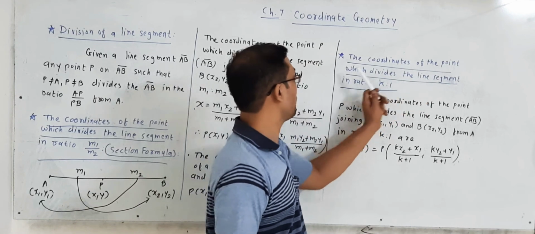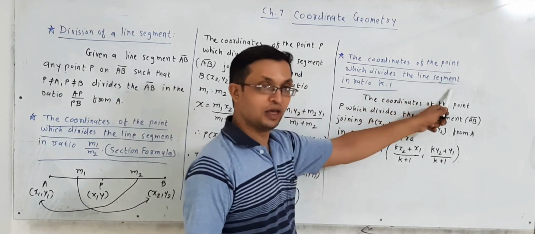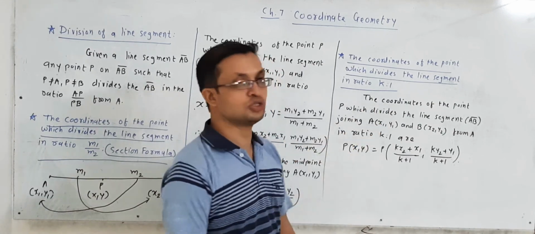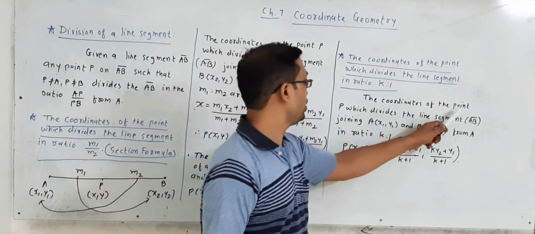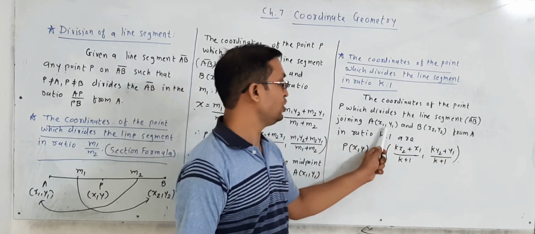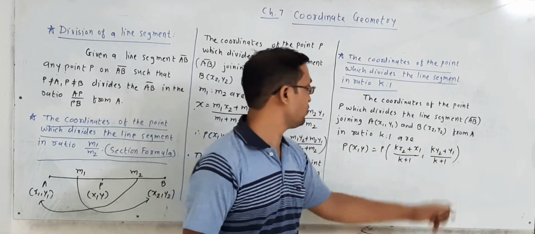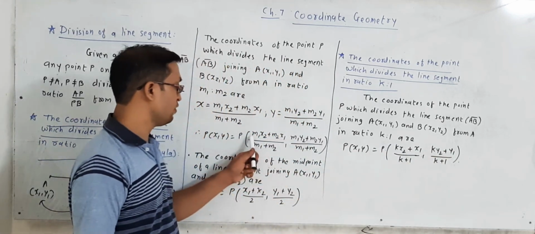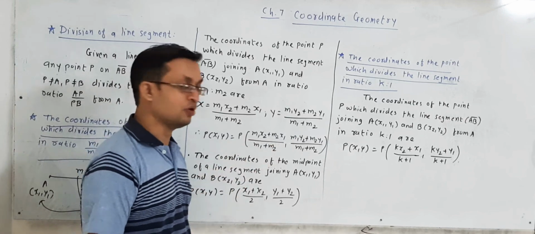The coordinates of the point P which divides the line segment AB, joining A (x1, y1) and B (x2, y2), from A in the ratio k to 1: put m1 equal to k and m2 equal to 1.